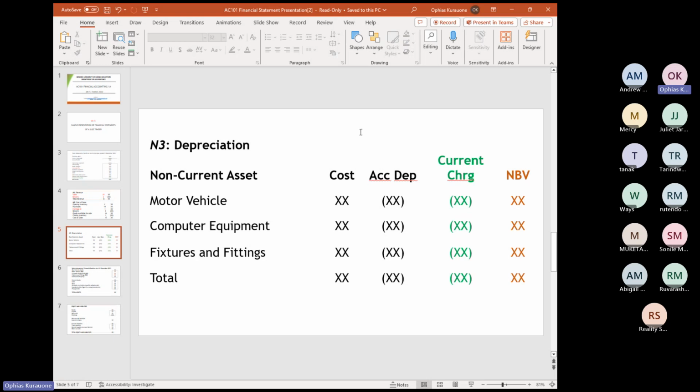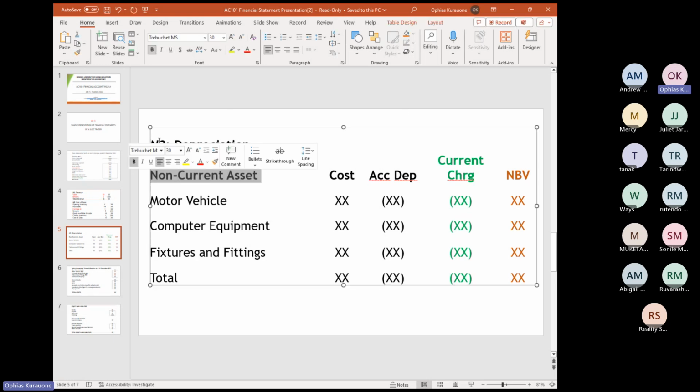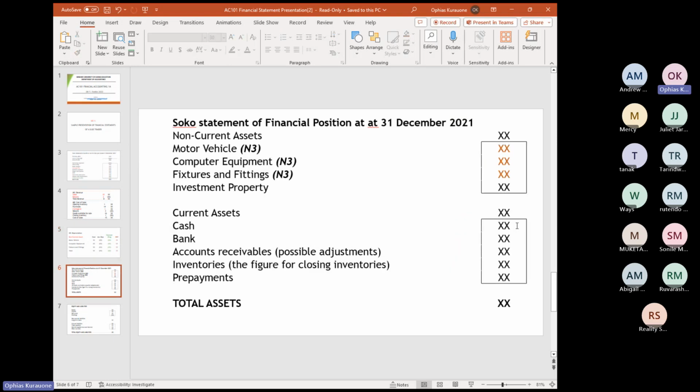So when you look at the non-current assets, these are assets which can be used for more than one period. What do we have here? Motor vehicle, computer equipment, fixtures and fittings, and total. If you have cost and accumulated depreciation, then the current charge should be shown.